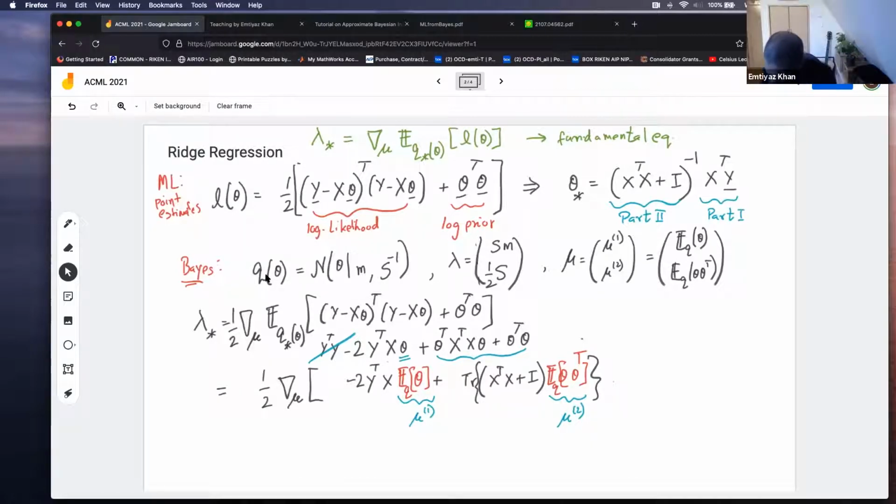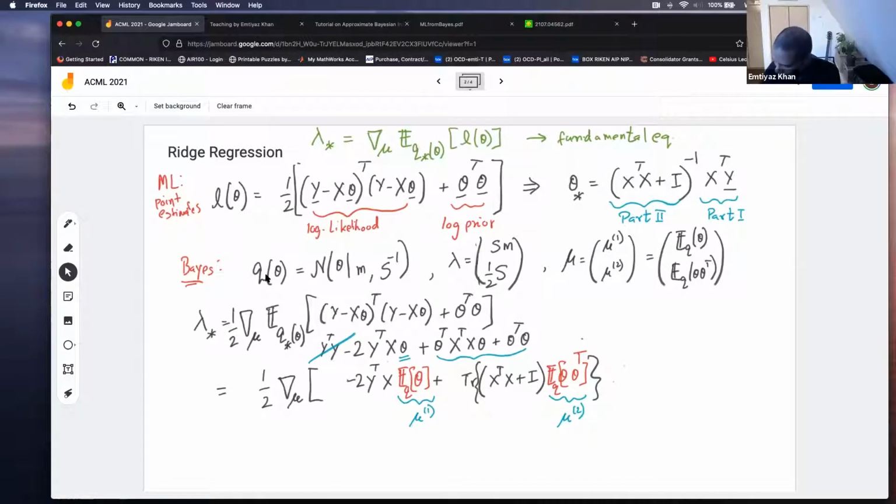In other words, the expectation of the loss is linear in the expectation parameter. It shouldn't be that surprising because the objective function is quadratic and the Gaussian distribution also has quadratic sufficient statistics. So it captures the form of the loss perfectly.